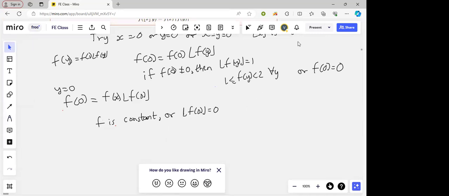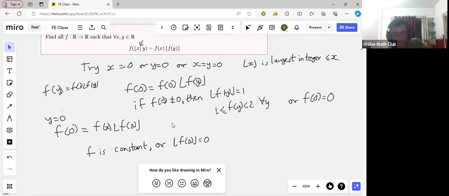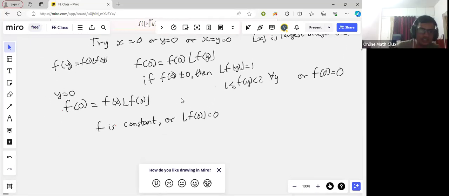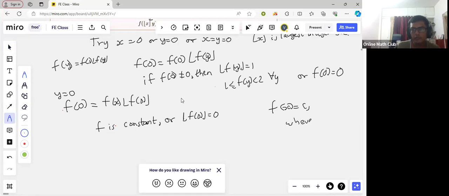For f of x being a constant, doesn't the constant have to be from 1 to 2? So if f is constant, then this gives a solution set of this form: f of x equal to c, where 1 is at most c, and so on.